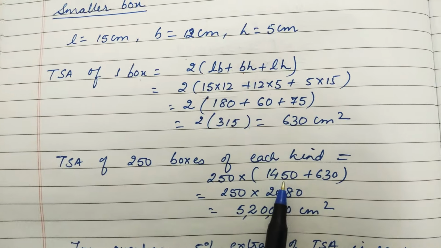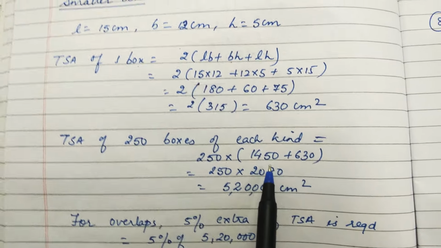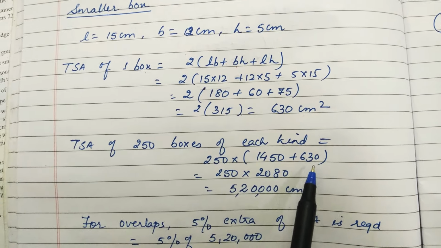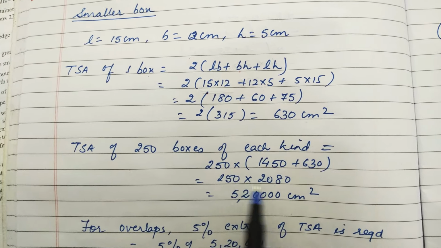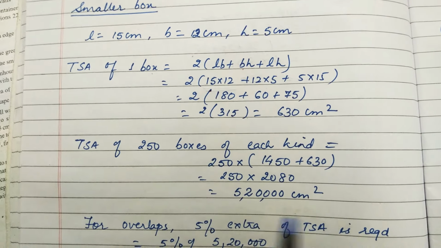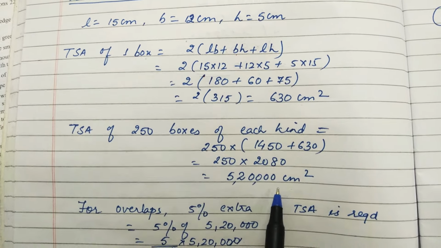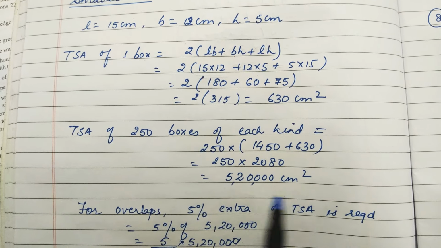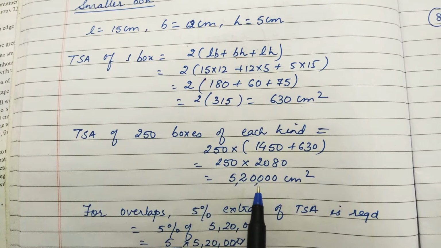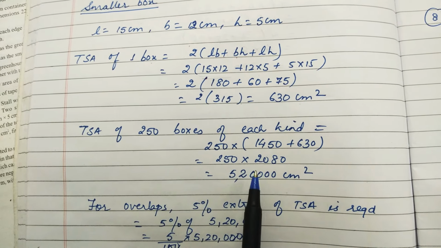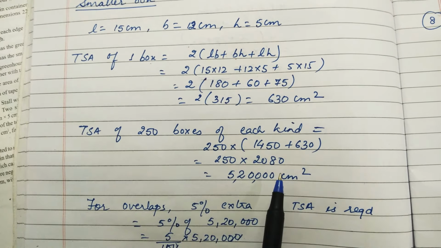So that is equal to what we have found out, 1450 plus 630, that is equal to 2080. So when you multiply this with 250, you will get it as 5,20,000 centimeter square. So this is the total surface area of 250 boxes of bigger size as well as the smaller size.